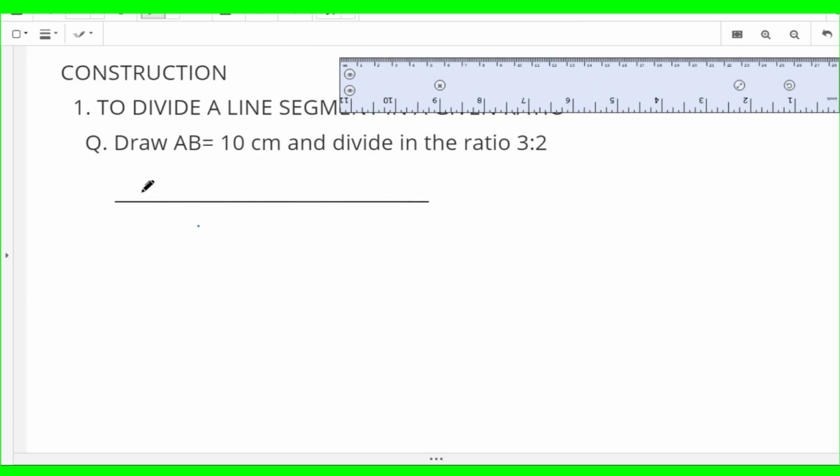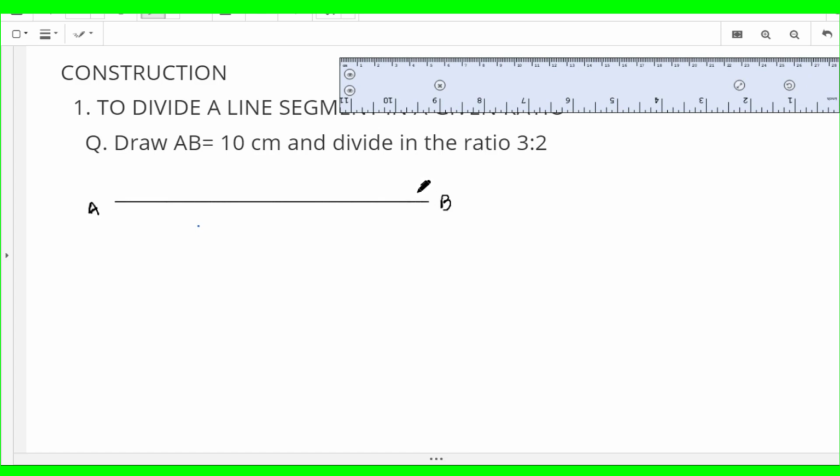Now you have to mark the two end points as A and B. So this is your point A and this is the point B. Now this length is your 10 centimeter and you have to divide it in the ratio of 3:2.